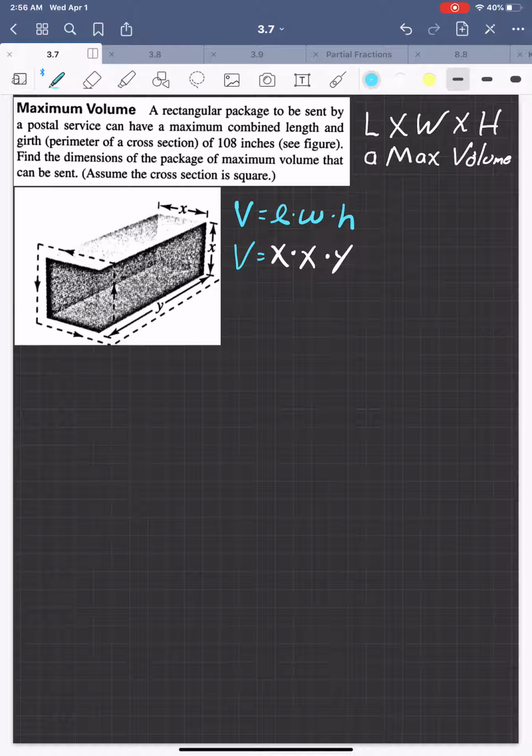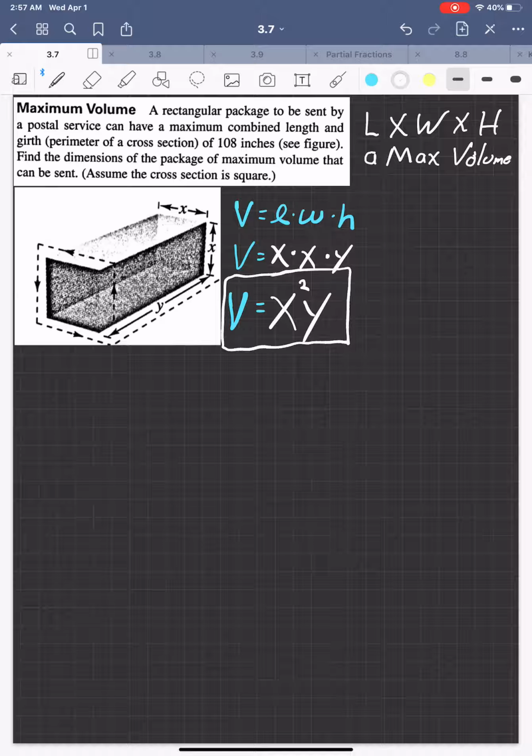Mathematically, the multiplication of x times y is equal to y times x, etc. So really the volume formula is equal to x squared times y. Now we're getting somewhere. Okay, it's getting a little bit better. So obviously, this is going to be the primary, because that is the thing I want to maximize.